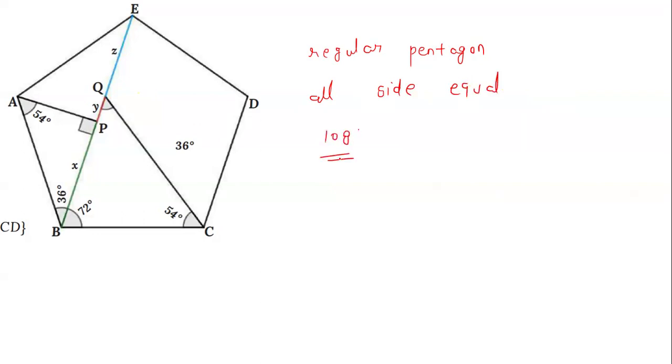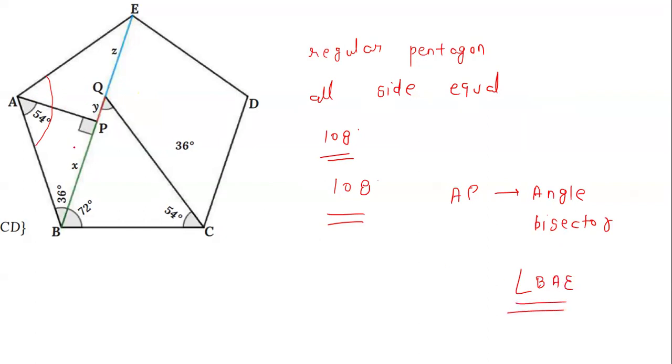So this angle BAE is 108 degrees. AP is the angle bisector of angle BAE, so angle PAB becomes half of that, 54 degrees.